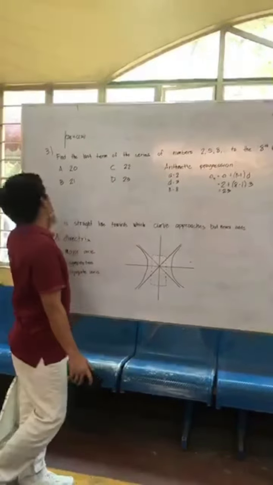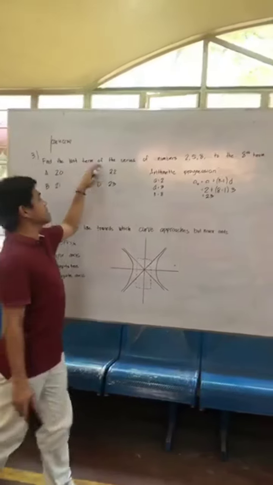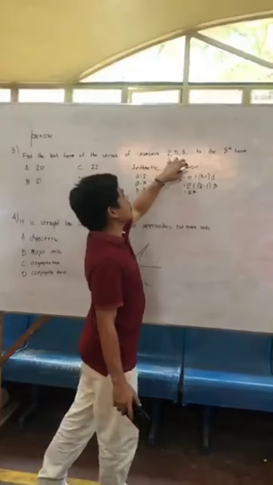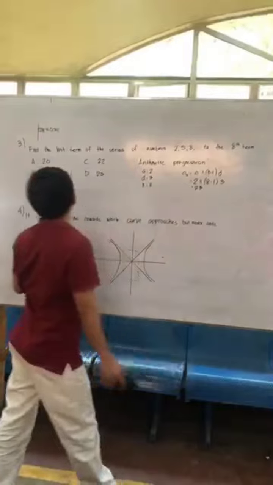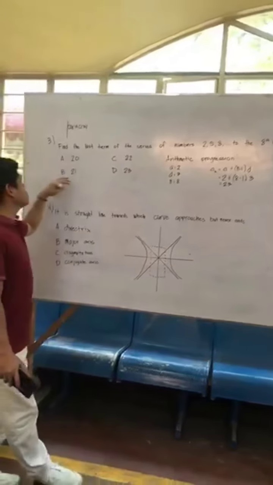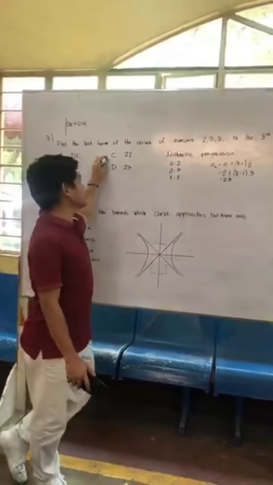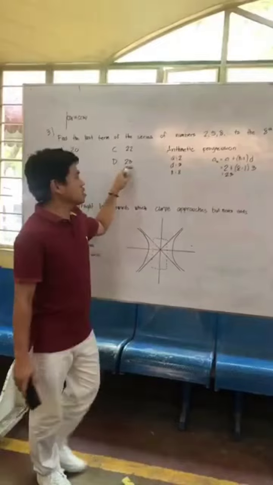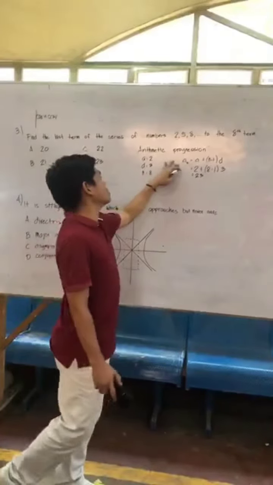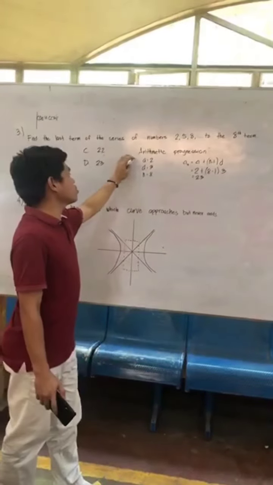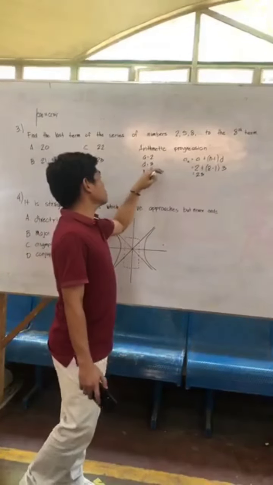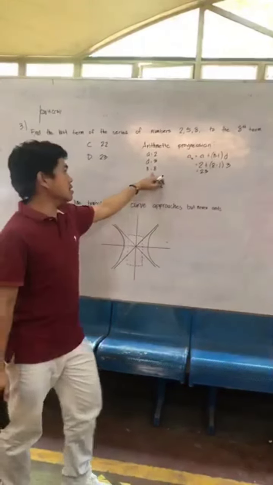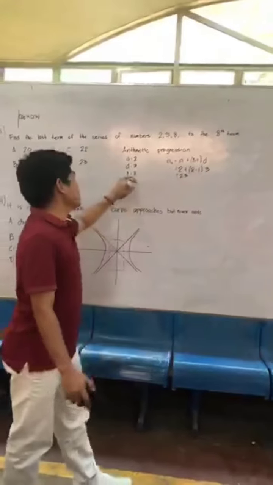So number 3, find the last term of the series of numbers 2, 5, 8 to the 8th term. A. 20, B. 21, C. 22, or D. 23. So using arithmetic progression, a equals 2, then d, or the difference, equals 3, and n, which is the 8th term, is 8.